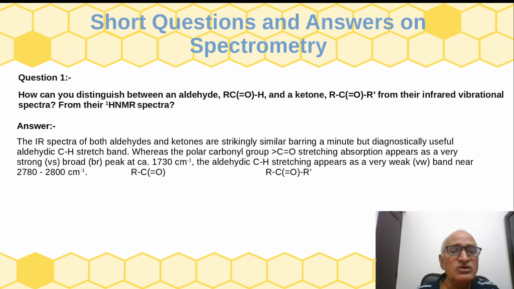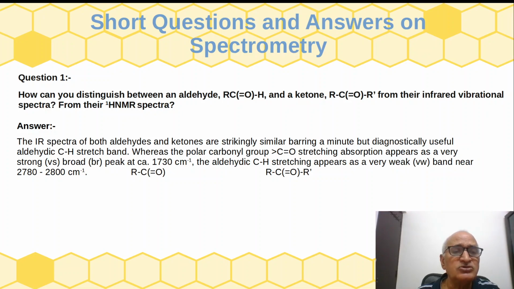Both have a carbonyl group, and their carbonyl stretching absorbs as a very strong peak at about 1730 reciprocal centimeters. But aldehydes also have a CH peak which can distinguish them from ketones. Here I must tell you one more thing. The carbonyl stretching of aldehydes is at about 1730 reciprocal centimeters.